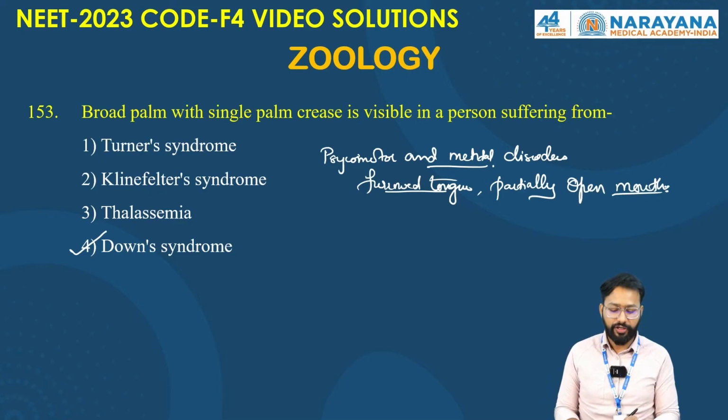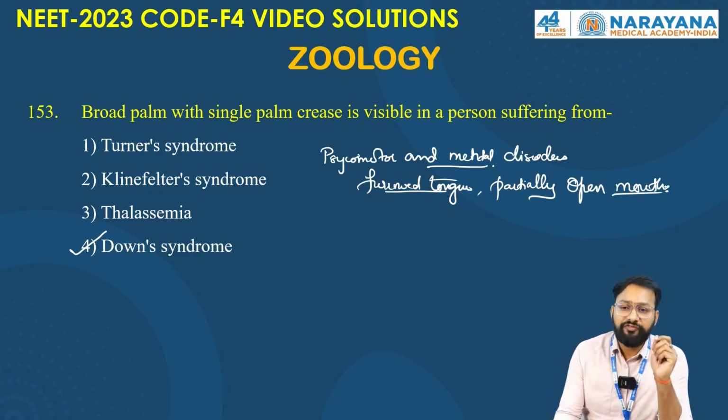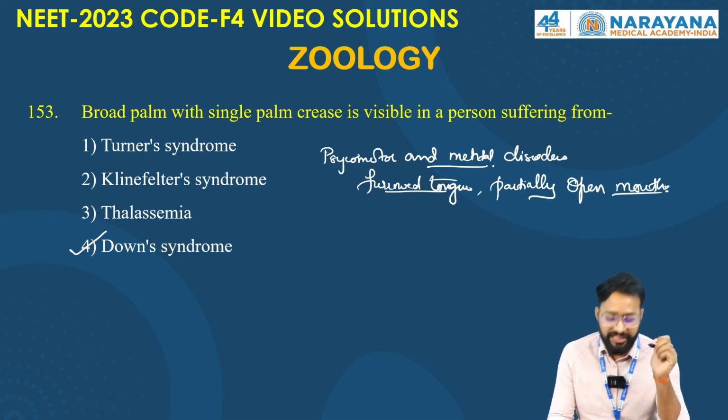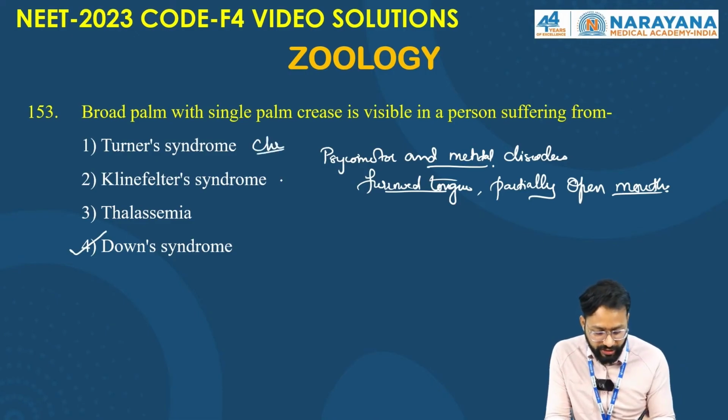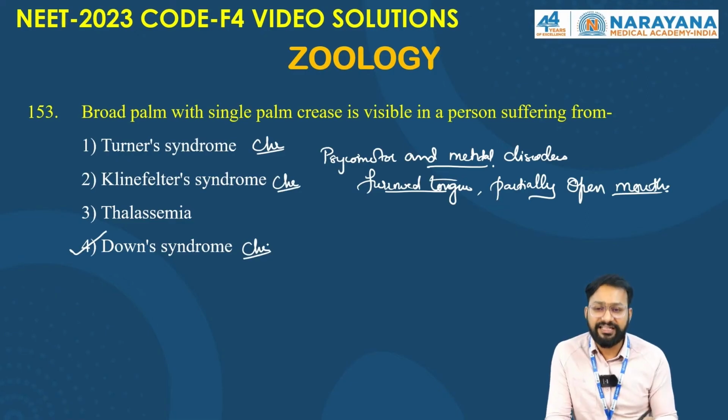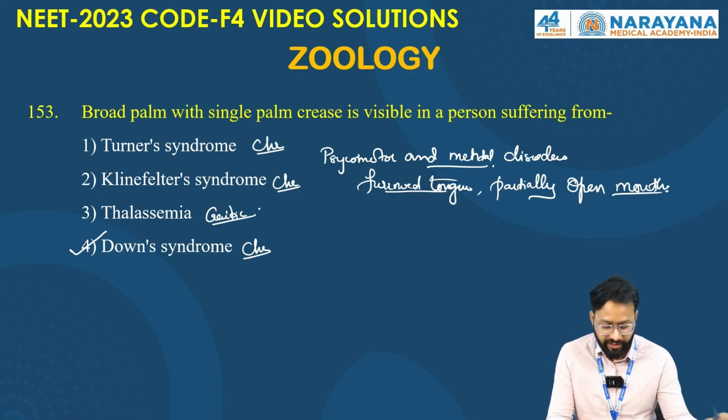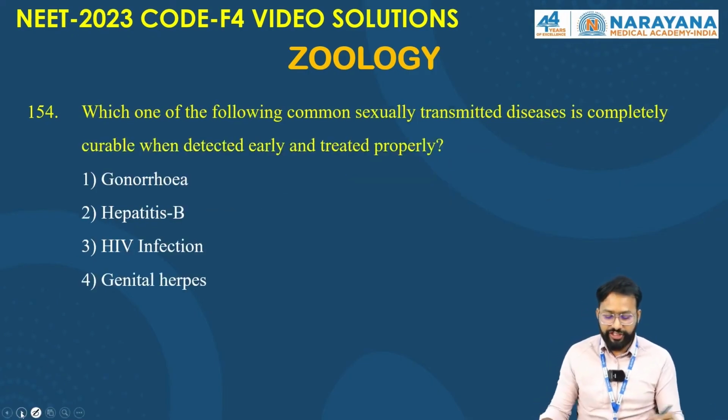Turner syndrome, Klinefelter syndrome and Down syndrome are chromosomal disorders, and thalassemia is a genetic disorder. Moving on to the next question.